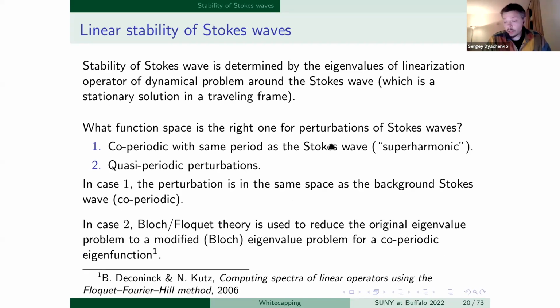So the analogy with the ODEs is, of course, a simplification of the process that we're going to do with the Stokes wave that we have found in the previous step.